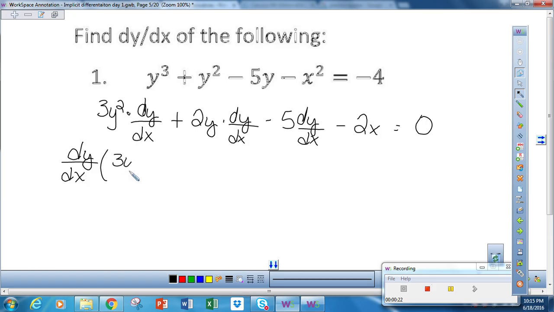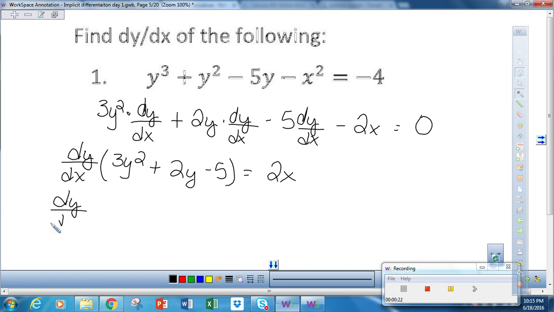That should be 3y squared plus 2y minus 5. And I'm going to move the 2x to the other side, equals 2x. So then we get dy/dx is equal to 2x divided by 3y squared plus 2y minus 5. And that's our answer.